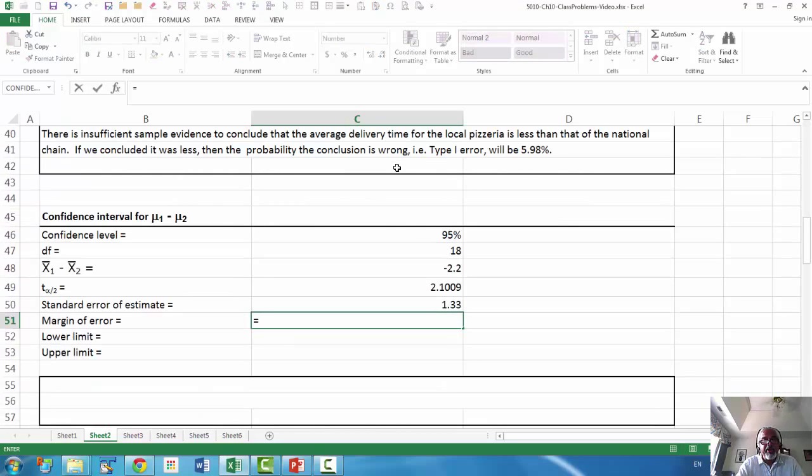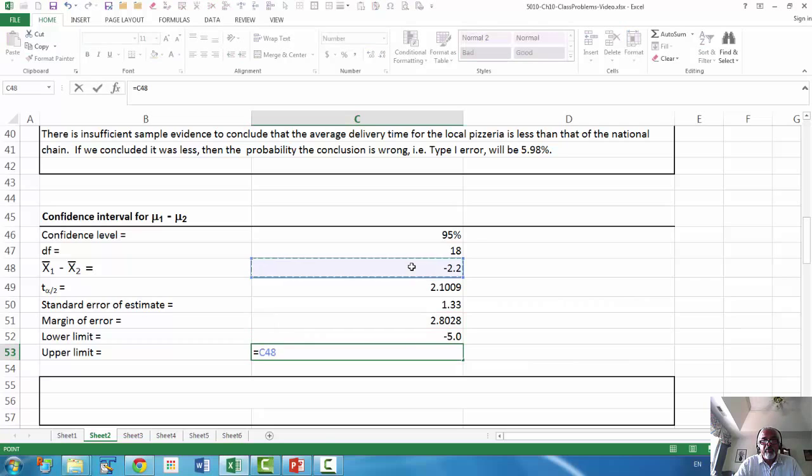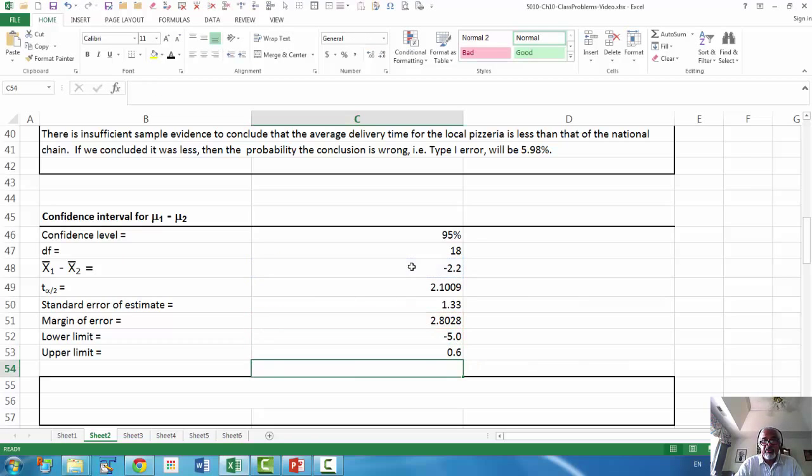Okay, margin of error is the t table value times the standard error of estimate, then the point estimate minus the margin of error is the lower limit, and the point estimate plus the margin of error is the upper limit.